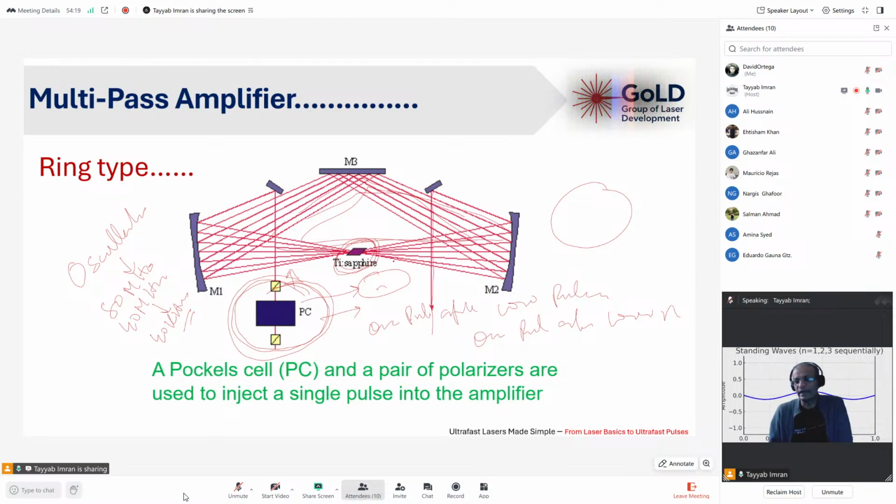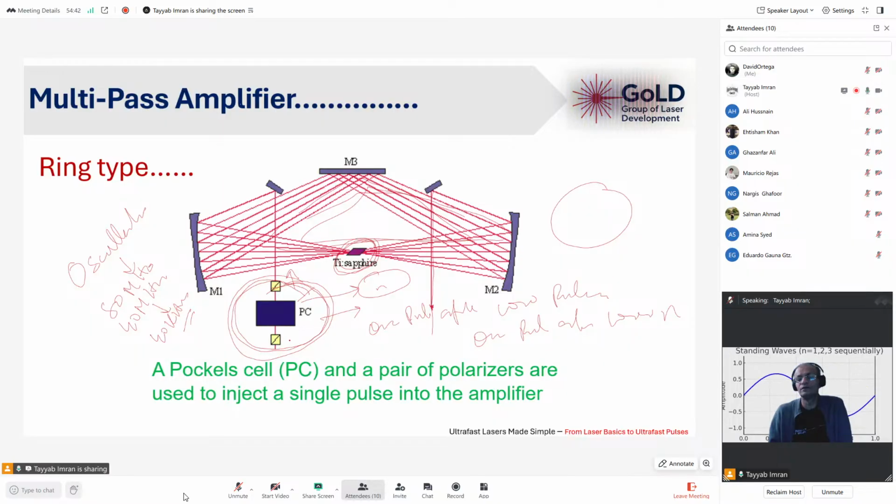It's up to us, and it also depends on how efficient the Pockels cell is. And the important thing is that we cannot amplify if the pulses from the oscillator are coming at 80 megahertz or 40 megahertz repetition rate. We cannot amplify. Okay, we have to select. So we decide with this one.